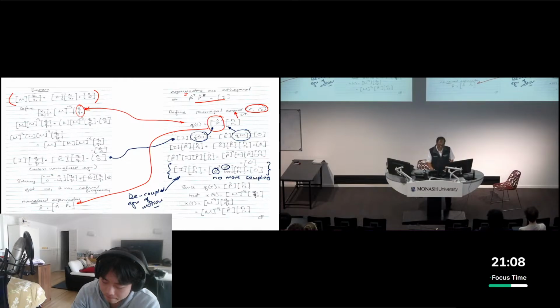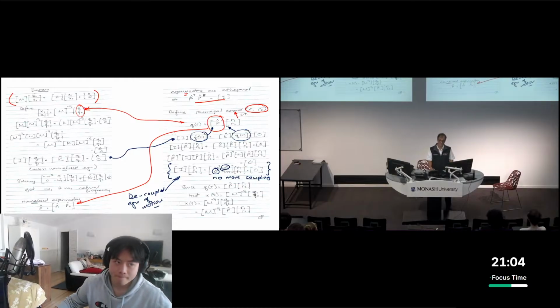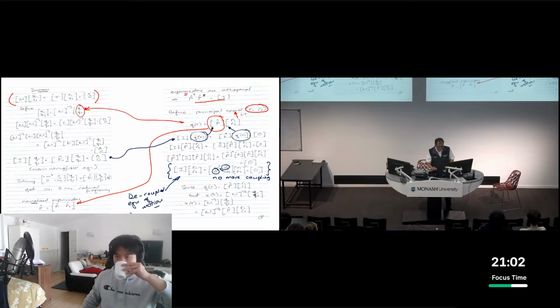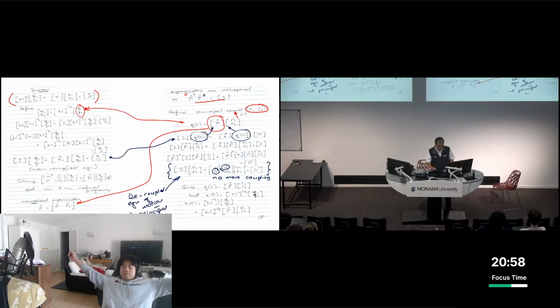And the diagonals in this case will be the square of the natural frequency. This we can derive only when we consider the principal coordinate.